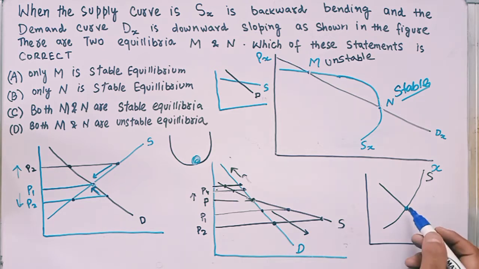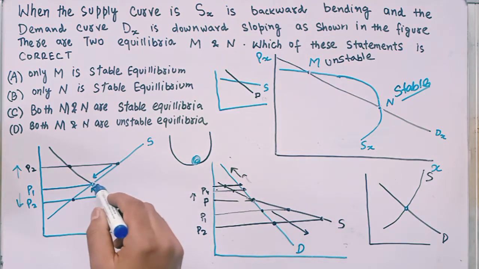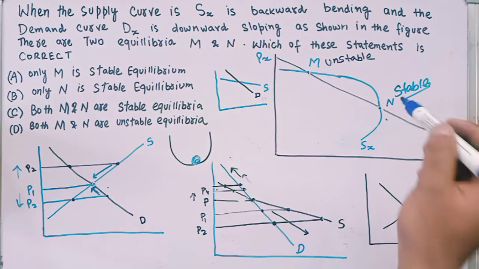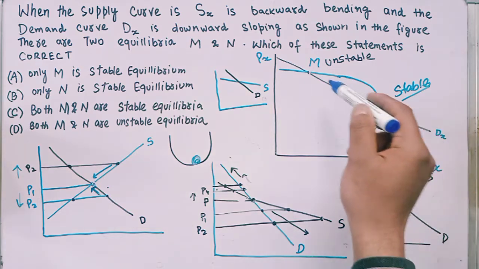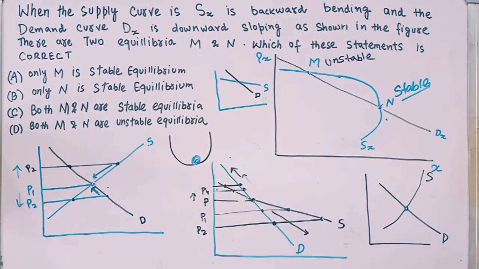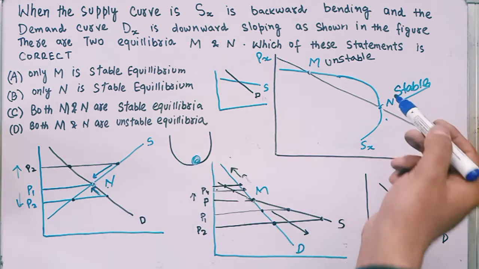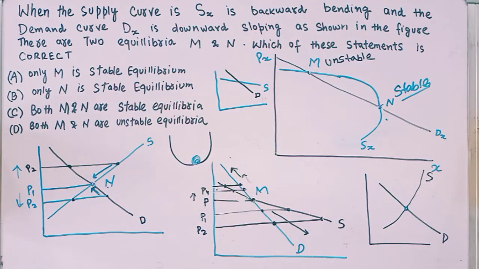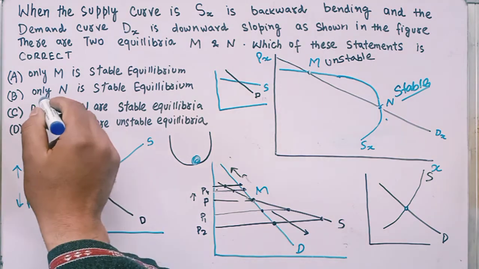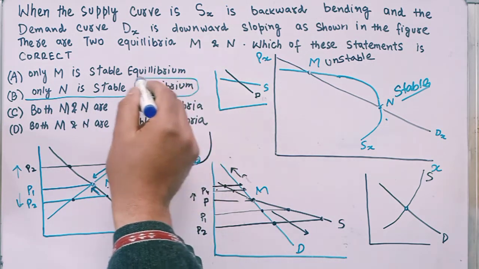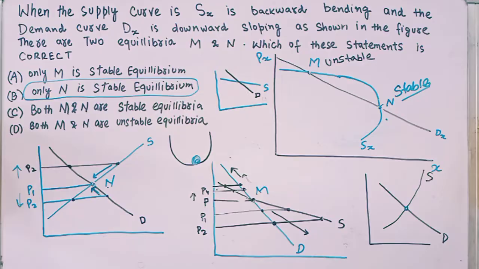In this case, we will be able to reach the old equilibrium. So this figure denotes point N, and this figure denotes point M. So if I write M here, this is N, and obviously N is the stable equilibrium. So the correct option should be: only N is a stable equilibrium.